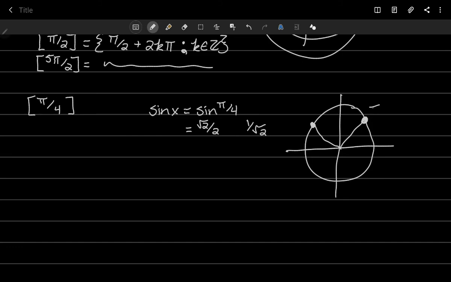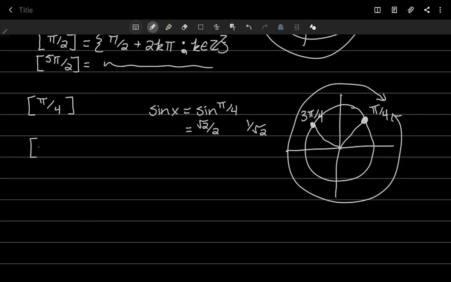So if I start at pi over 4 and go around the circle one way or another, I'll do plus 2 pi or minus 2 pi over and over. I'll get the value. But if I start at 3 pi over 4, I can also go around the circle 2 pi and still get back where I started.